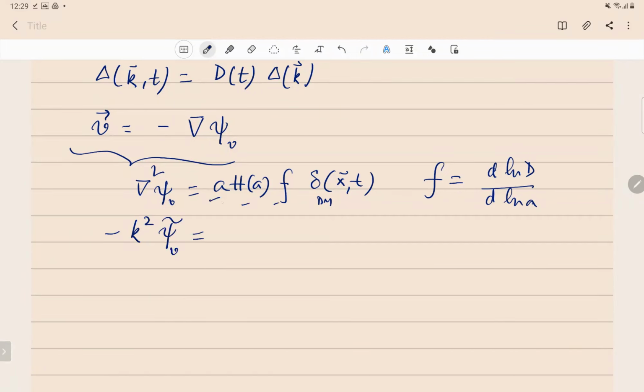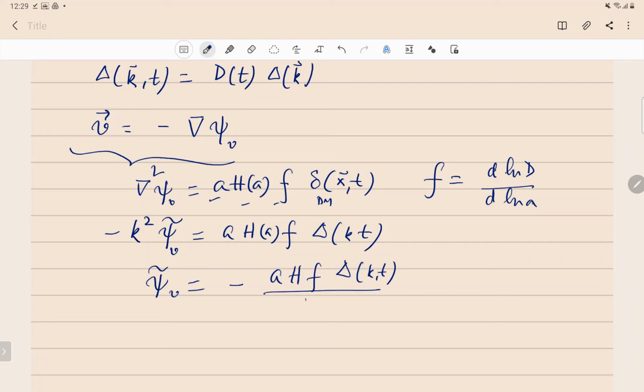A, H, and F are all functions of time, so they don't get affected. And then you have delta, the Fourier transform of k, t. So you can immediately see that psi tilde will be minus AHF delta by k squared.